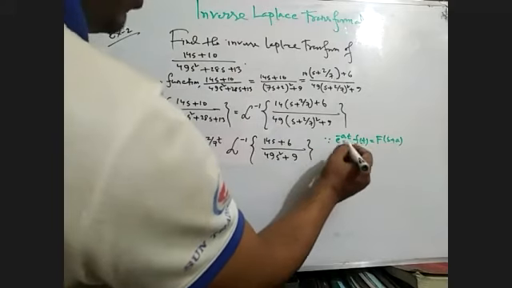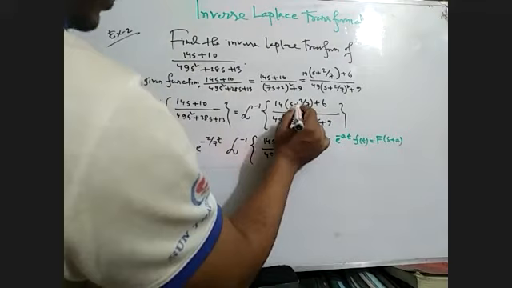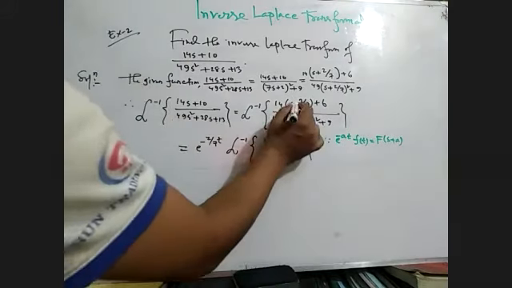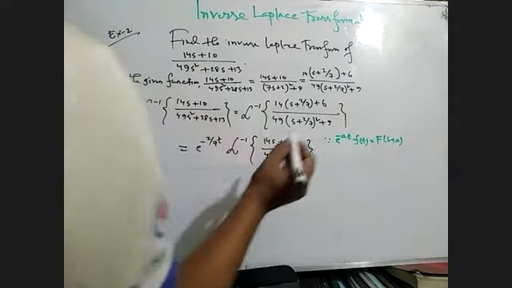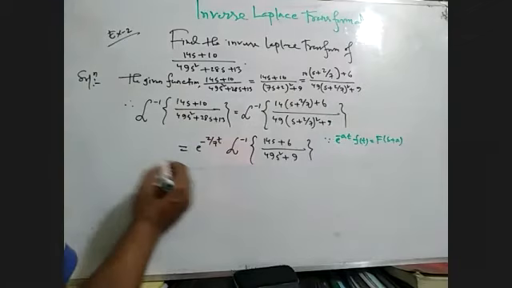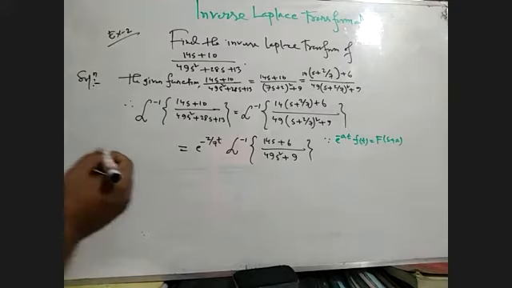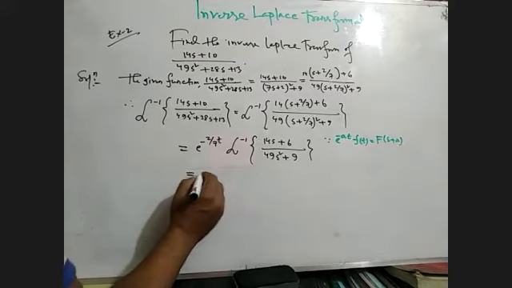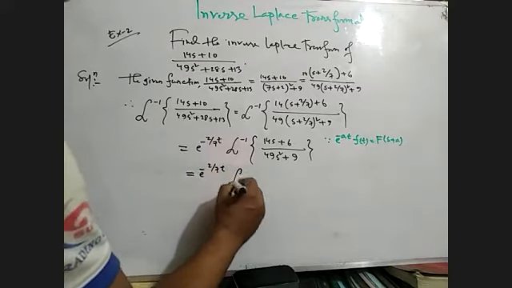So using this shifting property, what is a here? a equals 2 by 7, because here there is plus, and in the formula there is minus; remember it. So a equals 2 by 7. Okay, so using this, we can write this equals e to the power minus 2 by 7t inverse Laplace transformation.